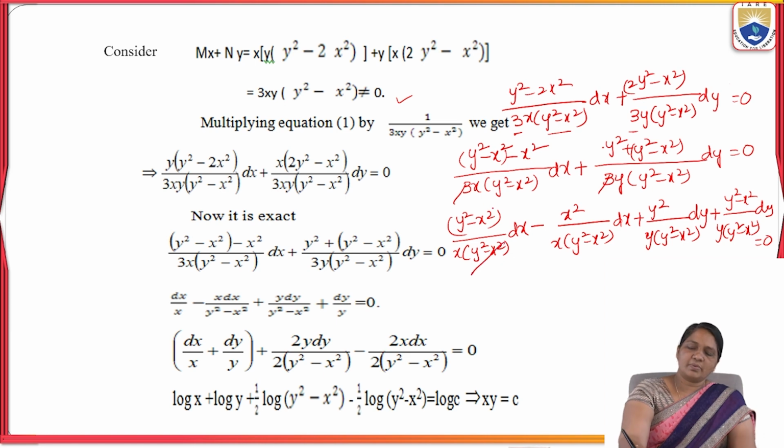So here y square minus x square will be cancelled, here x will be cancelled, here y will be cancelled. In the last term y square minus x square will be cancelled.